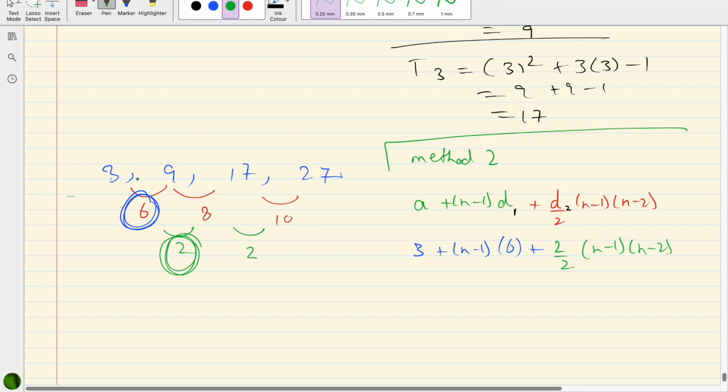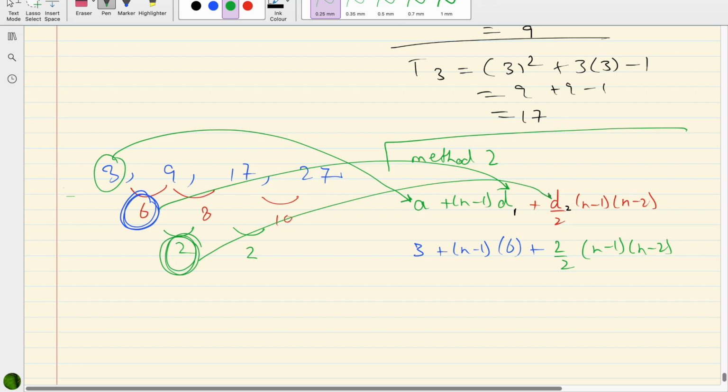So what are we plugging in? We are getting a from the sequence, we are getting d1 from the sequence, and we are getting d2 from the sequence. Everything else is the general form of n. So we keep on simplifying. This is 3 plus 6n minus 6. 2 by 2 is 1. N into n is n square minus 2n minus n plus 2.